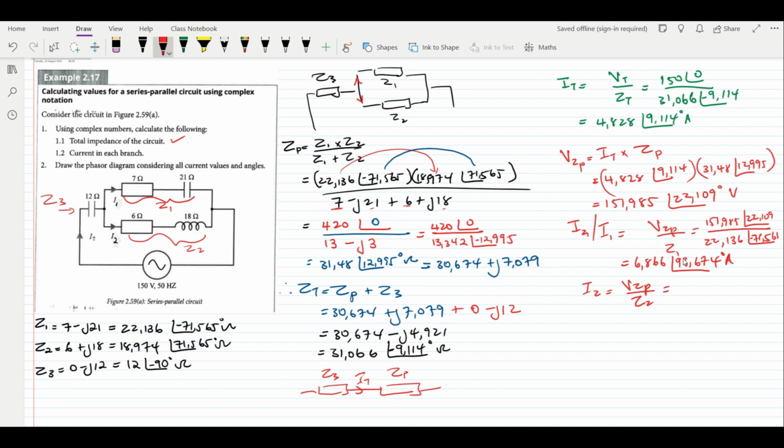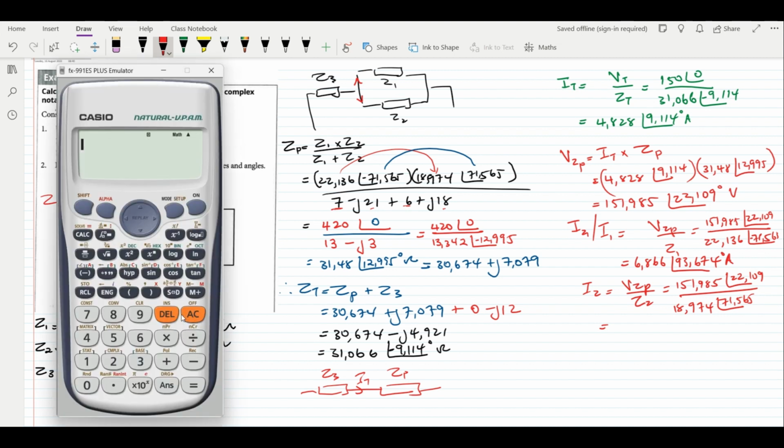And then again, we move to I2, which is VZP over Z2. That will be 151.985 at an angle of 22.109 divided by 18.974 at an angle of 71.565. We punch in our calculator here still. 151.985 divided by 18.974.